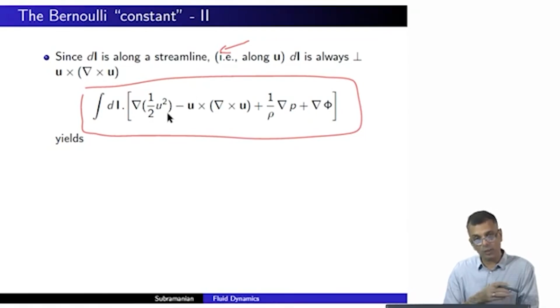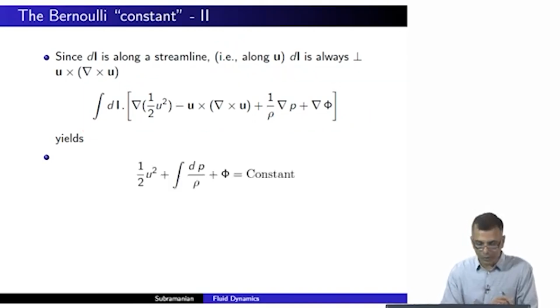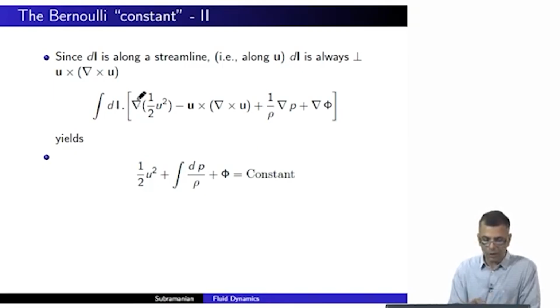So, the dot product vanishes. Right. So, once you integrate, you can throw the integration of this entire middle term away, gone, because of this property, and that yields, you see, dl dot gradient of half u squared.